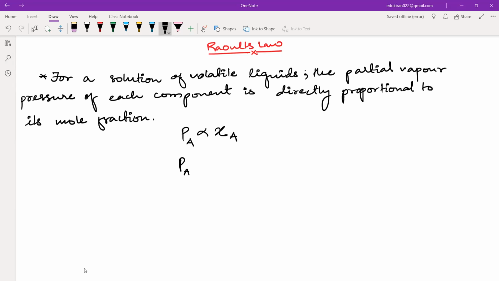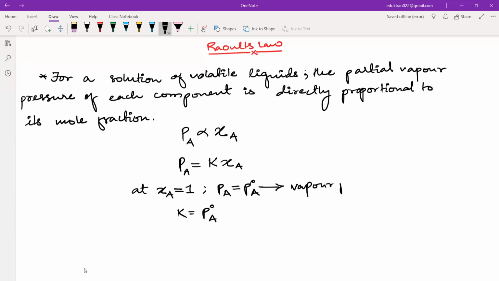And PA will be equal to some constant K times chi A. And we know that when chi A is equal to 1, then we can write PA is equal to P naught A, and hence K will also be equal to P naught A. So what is P naught A? The vapor pressure of pure A.